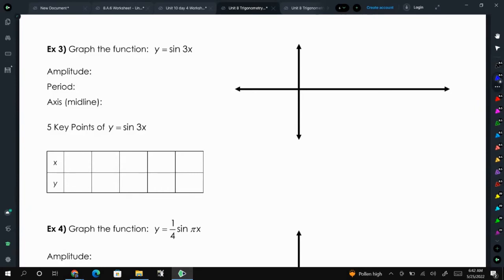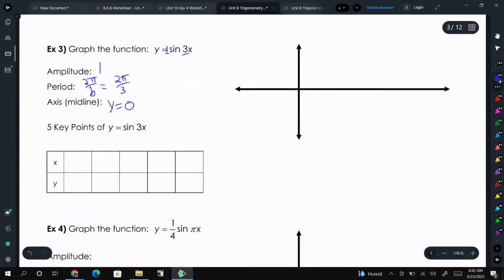All right, so on the next page, we have y equals sine of 3x. The amplitude in this case is an invisible 1. Your period is 2 pi over b, so 2 pi over our b value of 3, so that's our period. Midline is still y equals 0 because we don't have anything added up here.